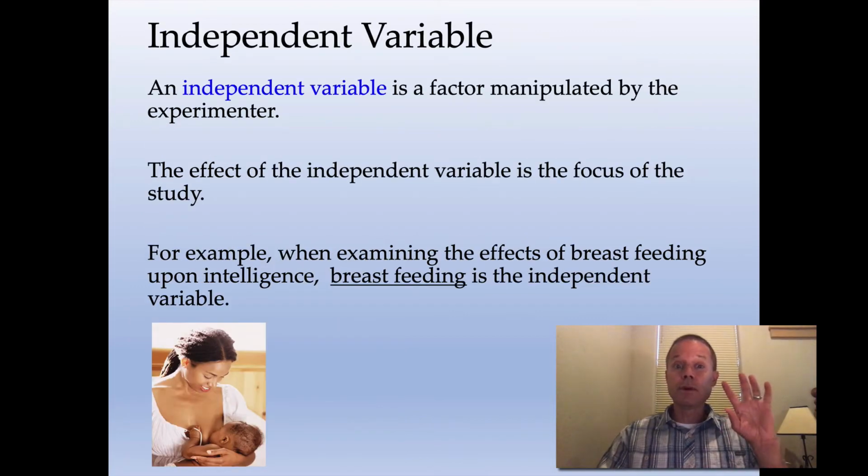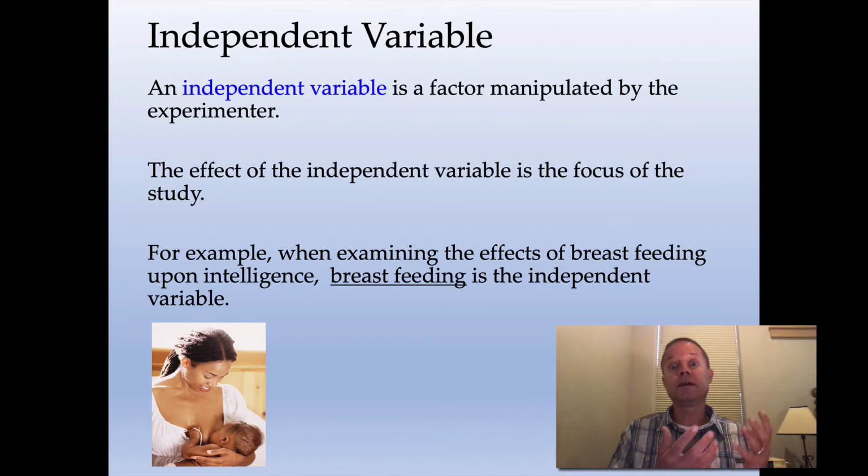So the thing that you are manipulating is called the independent variable. So it is manipulated. Some people in the research study will get the independent variable. Some people will not. And you're checking the effect of the independent variable. For example, if you wanted to examine the effects of breastfeeding on the intelligence of the baby, breastfeeding would be the independent variable.